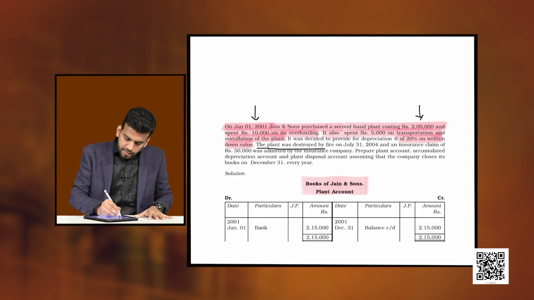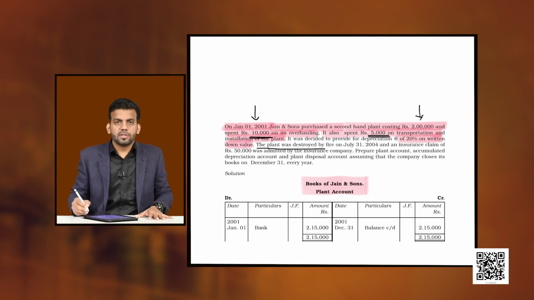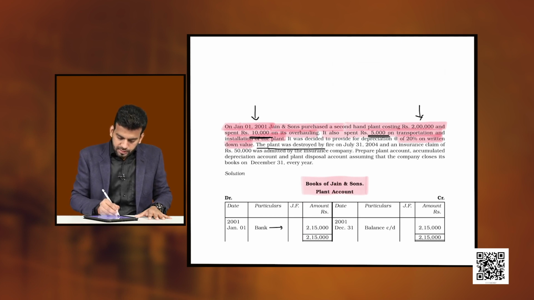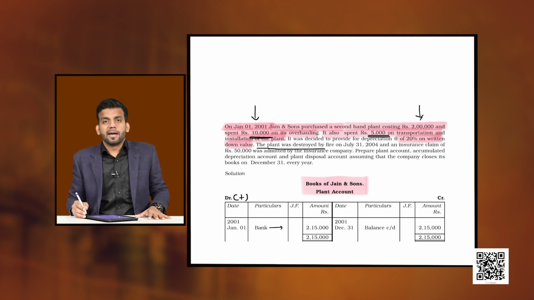So students, focus, we are going to make plant account first, plant and machine account. We bought it for rupees 2 lakh and 15,000 is the direct expense attached to that. 2,15,000 is added in the machine plant account. All the assets increase from the debit side.